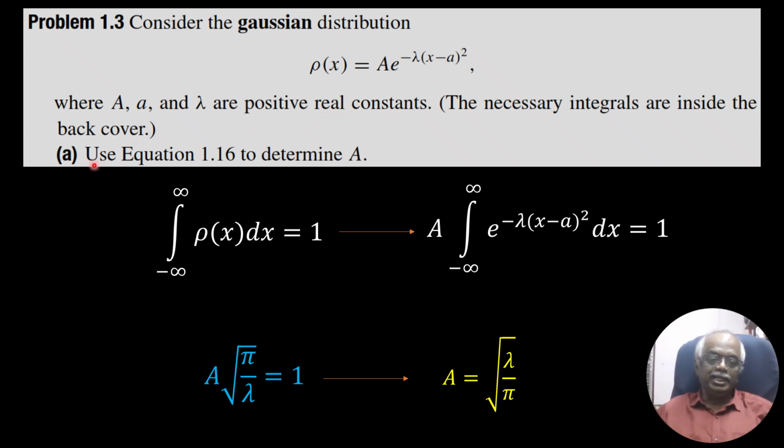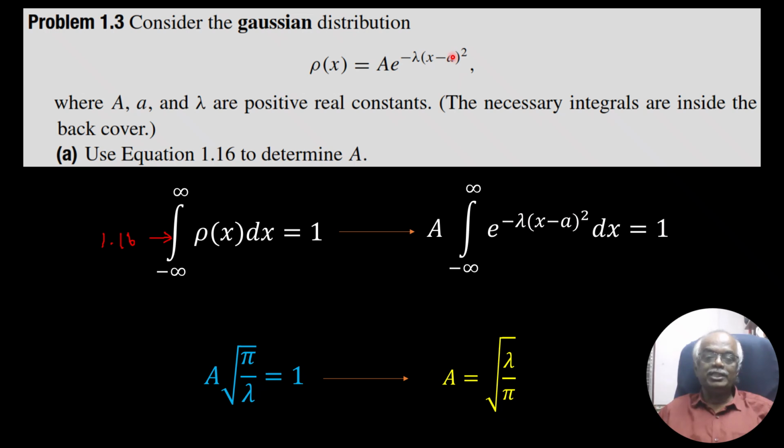Part A is: use equation 1.16 to determine A. Equation 1.16 is this one. In order to find the normalization constant, the integral from minus infinity to plus infinity of rho of x dx must be equal to 1.